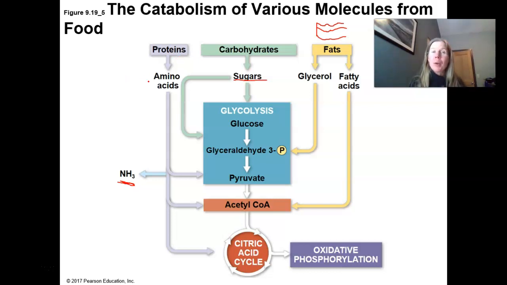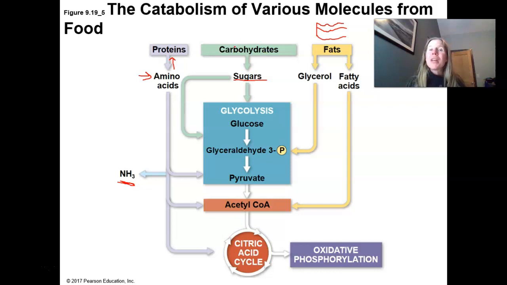Okay, one other thing I wanted to point out here is you think about these are the things in your diet, right? When you eat protein, it gets broken down to amino acids to get digested. And then you can either use it as a fuel or you can run anabolic reactions and make proteins like skeletal muscle or antibodies.